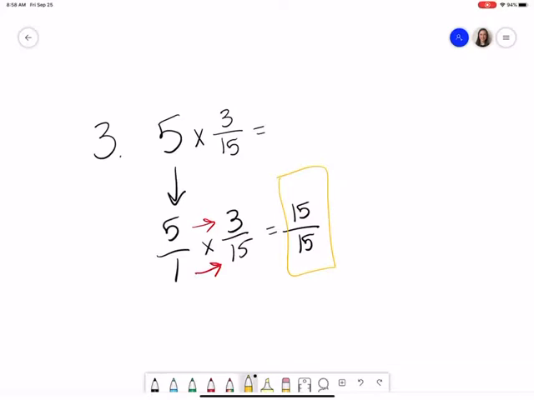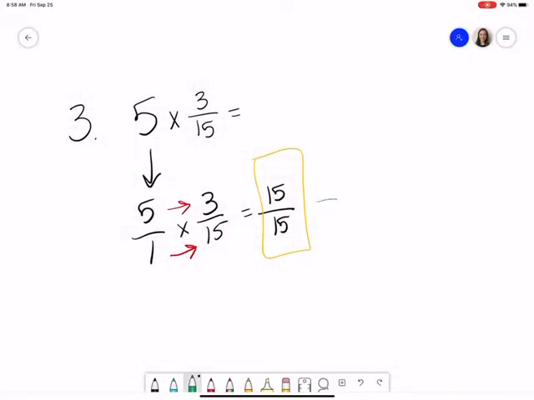What is our equation? Let's start there. What's our equation going to be? 15 divided by 15, right? What does that equal? That equals 1 whole. Okay, so 1 is our answer, or 15 over 15.